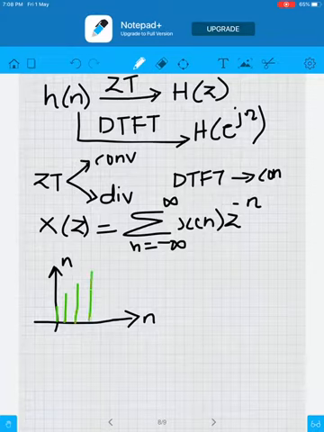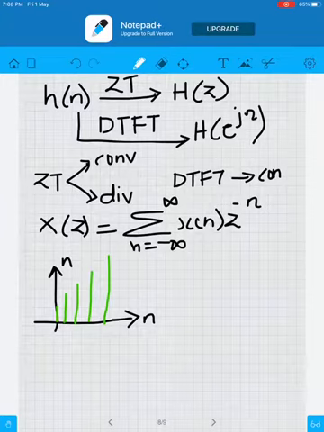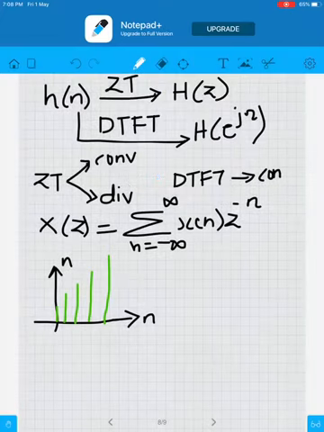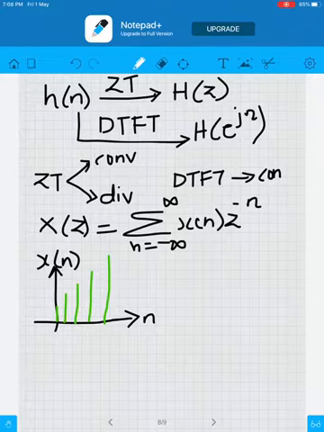So as n increases, it is a diverging function. For this case, the discrete time Fourier transform does not exist because it is a diverging function.